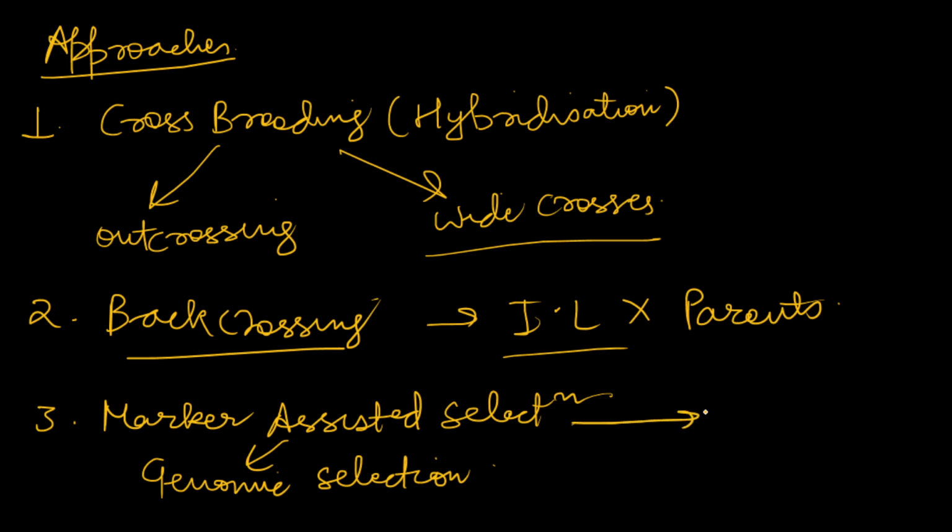We can do QTL mapping, that is identifying quantitative trait loci. It can also help in the development of these inbred lines, and their genetic potential will be increased. So we can do marker assisted selection, genomic selection and QTL mapping.